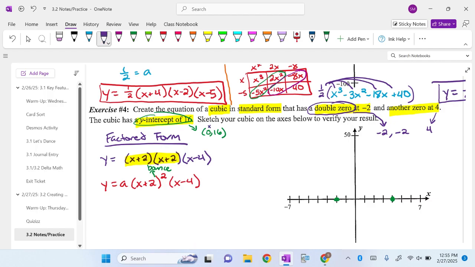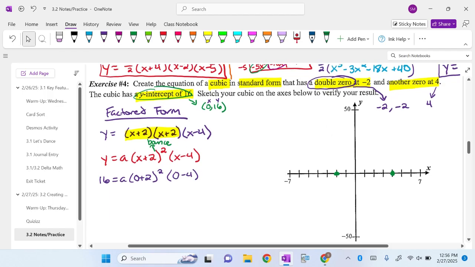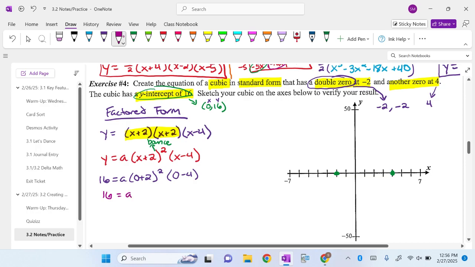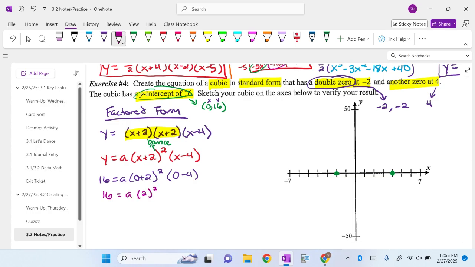So I'm going to solve when x is 0 and y is 16. I'm going to solve for a. So I have 16 is equal to a times 0 plus 2 all squared times 0 minus 4. So just to solve it fast, this will be a times 2 squared times -4. 16 is equal to a, 4 times -4.